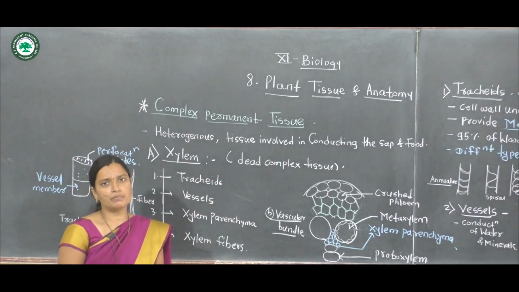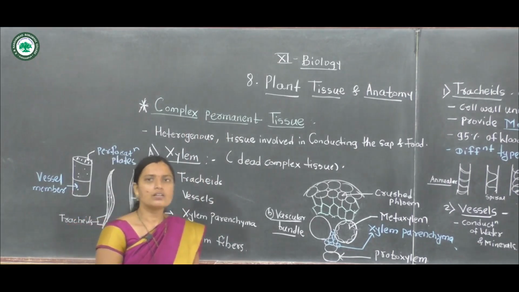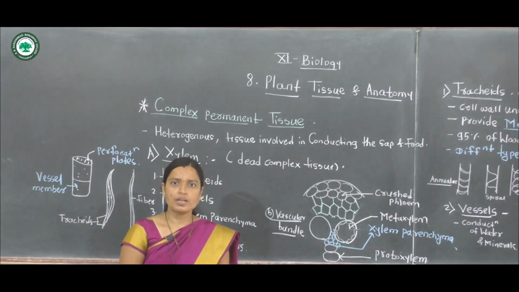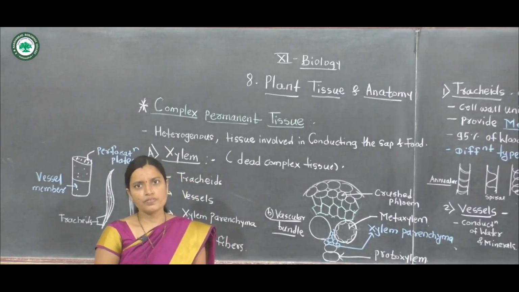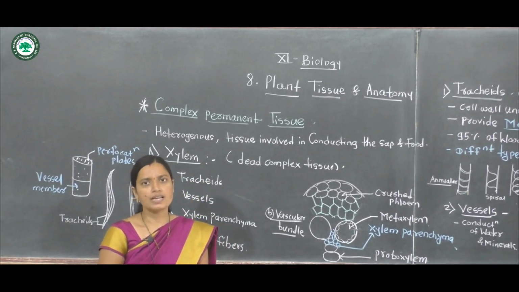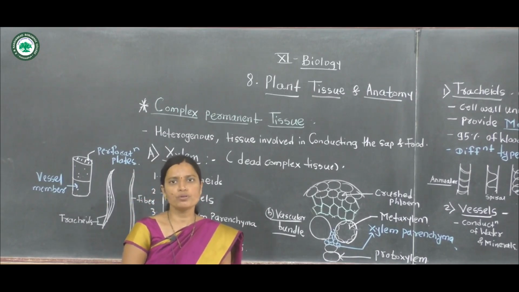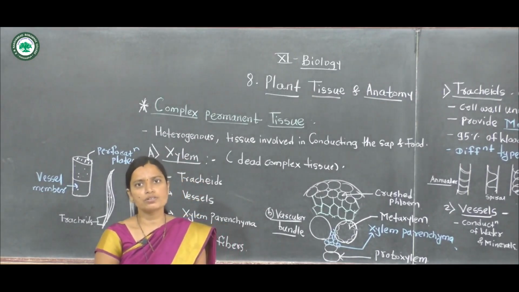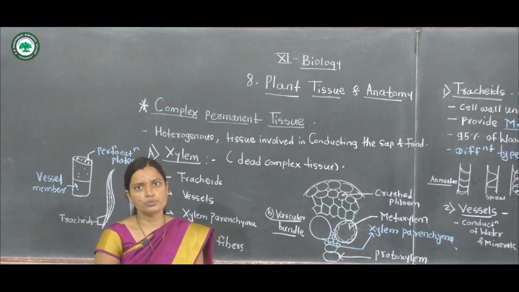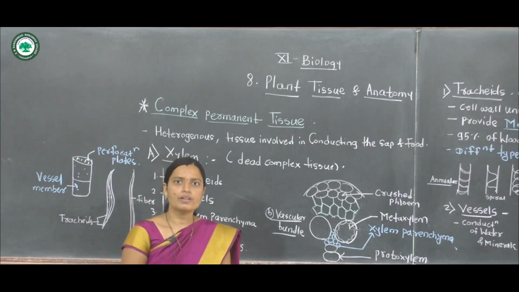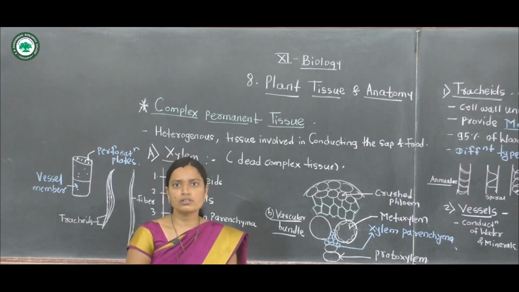There are two types of complex permanent tissues: xylem and phloem. The xylem has the most important role in conduction of water, and the other complex permanent tissue, phloem, is the food conducting tissue.